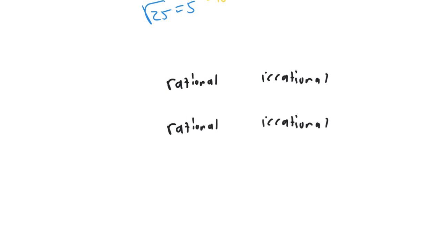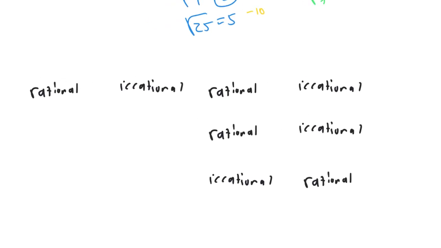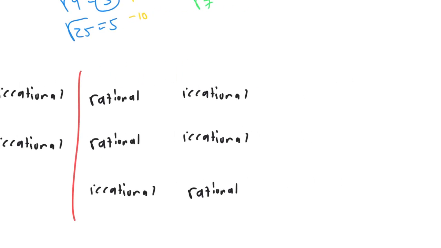All right, I'm going to do another little presentation here. I can already see where things are going. Anytime you have a rational number plus an irrational number, that's going to give you an irrational number.